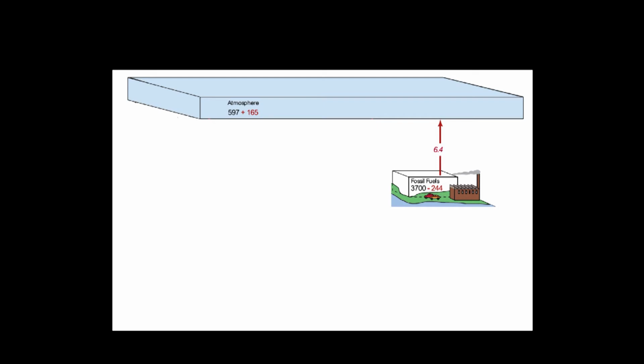It's estimated, by the way, the 3,700 is the amount of carbon still stored underground in potential fossil fuel use. And we've used about 224 gigatons of carbon out of that.